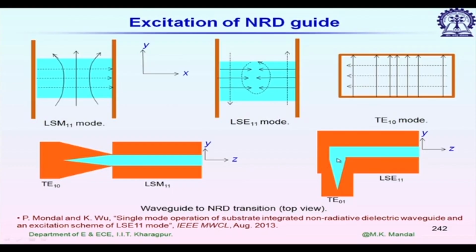It is lambda g by 4 away from this midpoint, and you can see this rectangular waveguide section, and on the right hand side we have the NRD section. Now we have coupling through magnetic field from the rectangular waveguide to the LSE mode of this NRD guide. Again we can tune the tapering length for proper impedance matching.